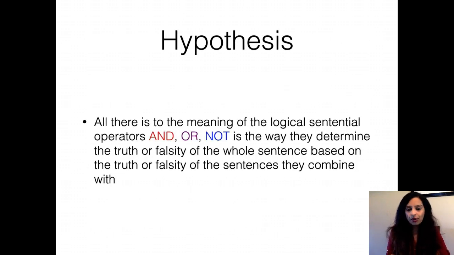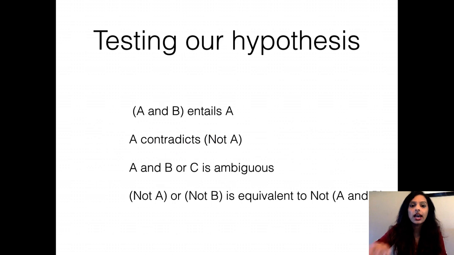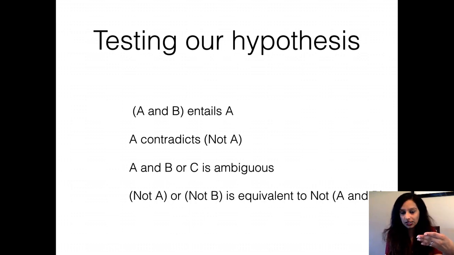So now we know the basic meaning of the conjunction operator, the disjunction operator, and the negation. And now we can actually test the hypothesis for entailment, contradiction, ambiguity, and equivalency.